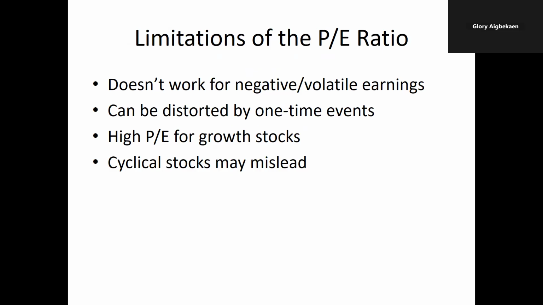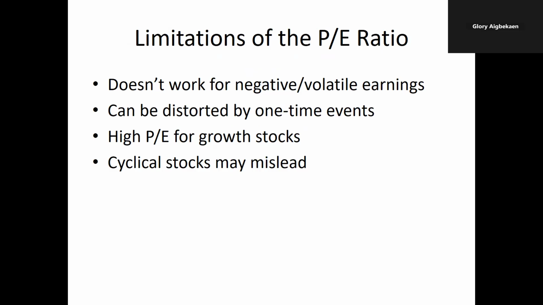Then one-time events also distort the PE. A one-time event is like a very big segment of the company being sold, and so they make a lot of gain from selling that segment. When you bring it into your income statement, it will increase the profit for that period very well.